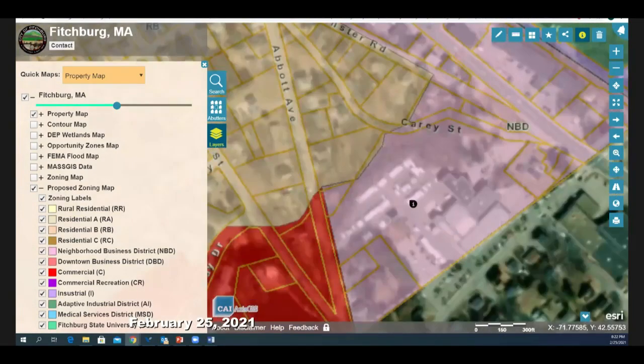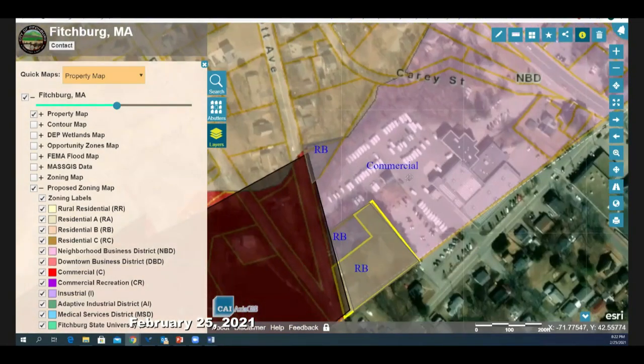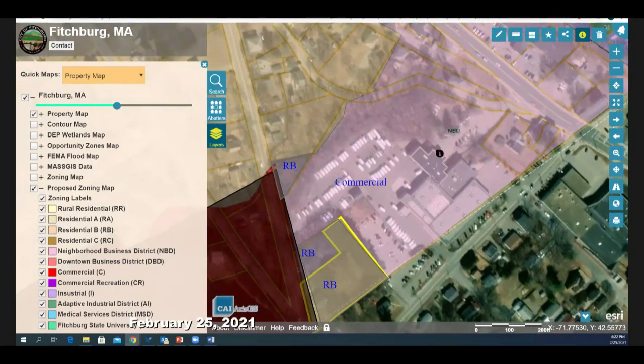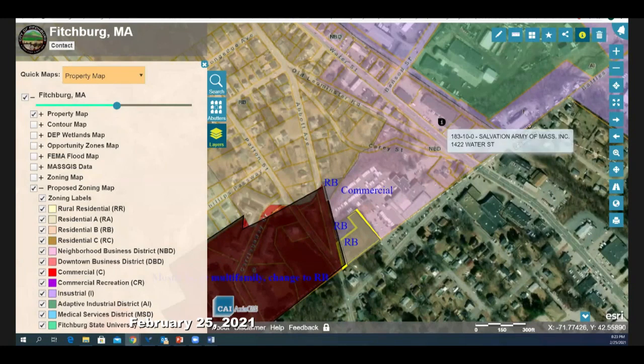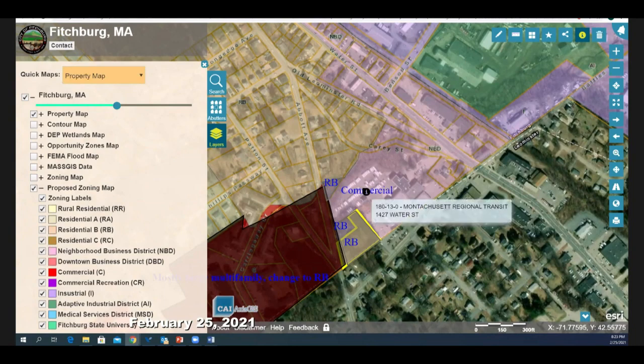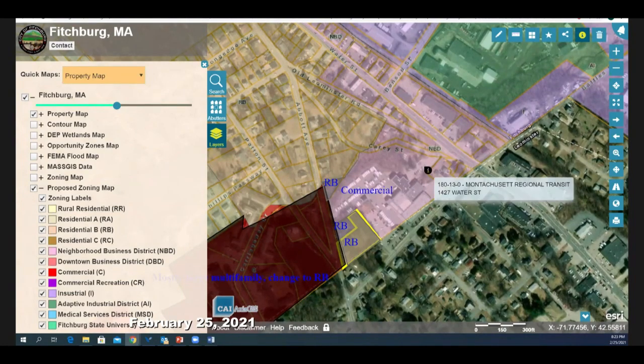What about the Salvation Army? Well, it already is neighborhood business district. Right, but if we're changing the MART to commercial, I think the thought process there is, for consistency, you could make the argument either way because it abuts the commercial district. Well, it doesn't anymore. It's really closer to neighborhood business. Maybe that's a more appropriate designation for it.